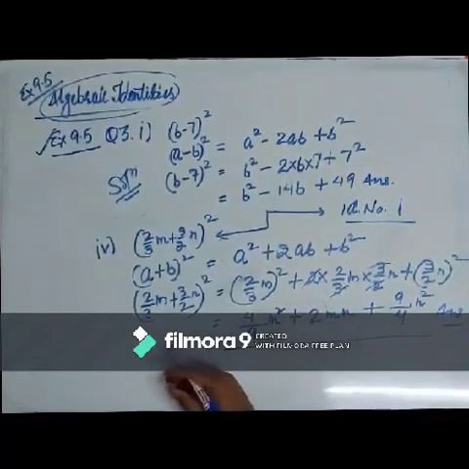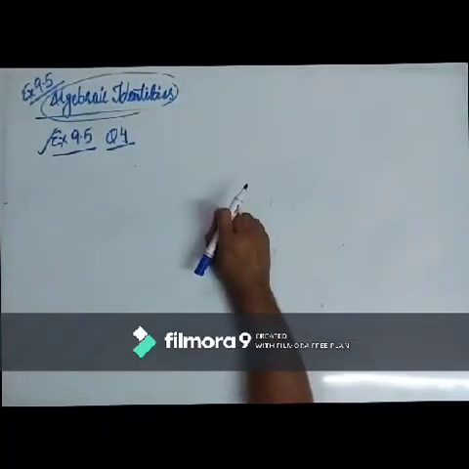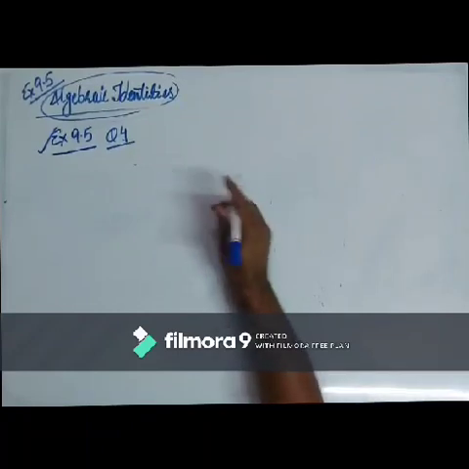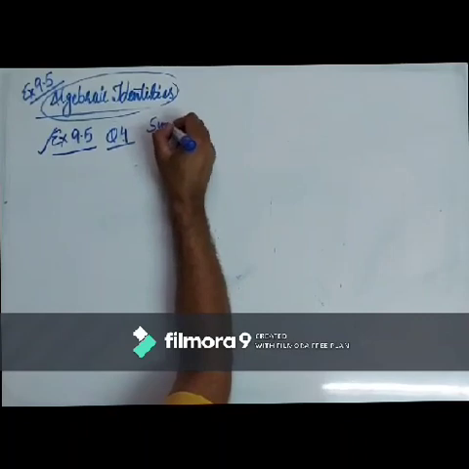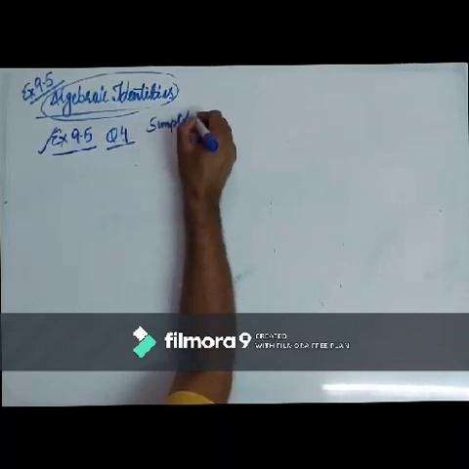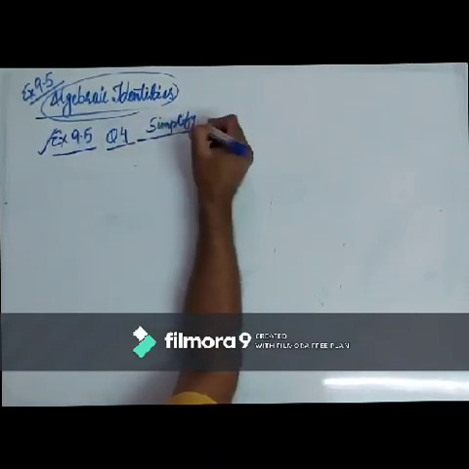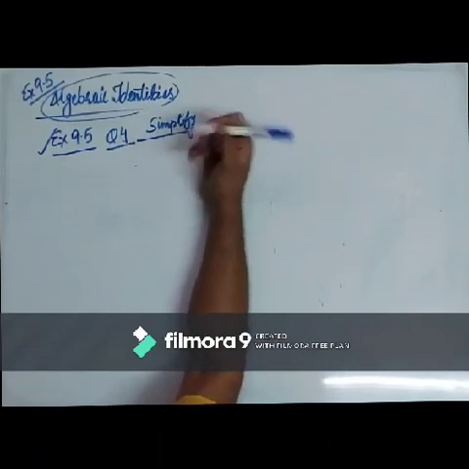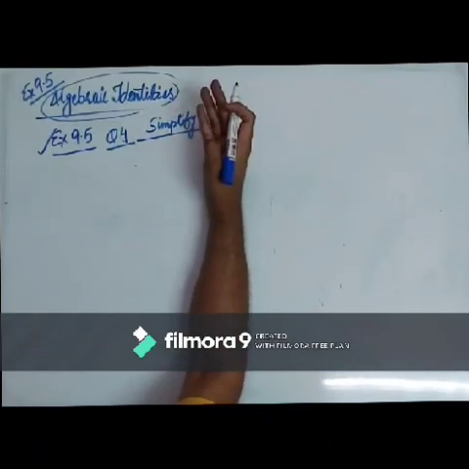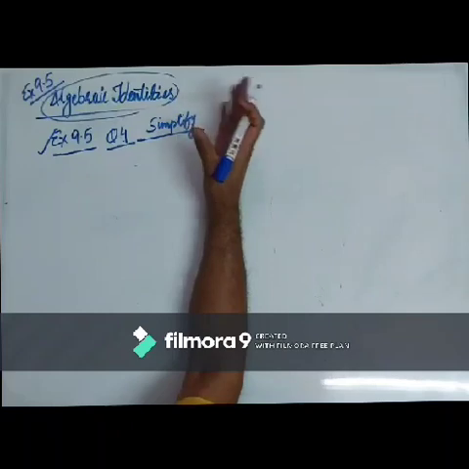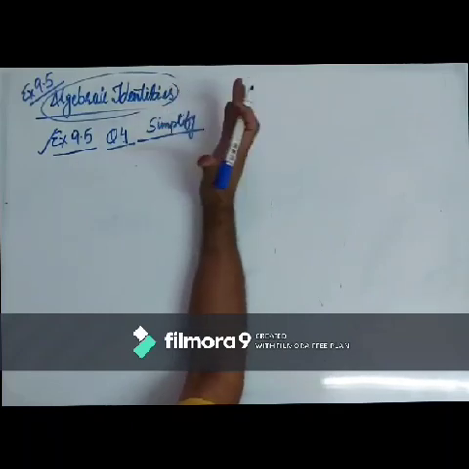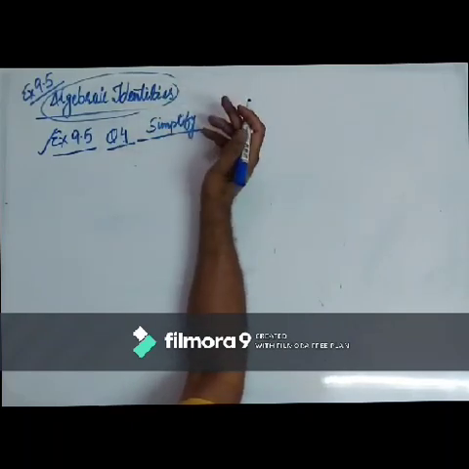Easy thing. Let us use all these identities into the different questions. In question number 4, which says simplify. So what we have to do in this question is to use these identities we have done. Identity number 1, 2, 3, 4 identities we have, and we have to use these identities into these questions.